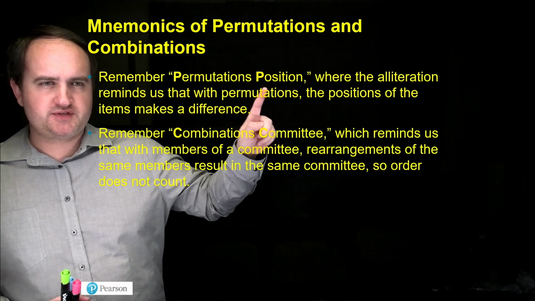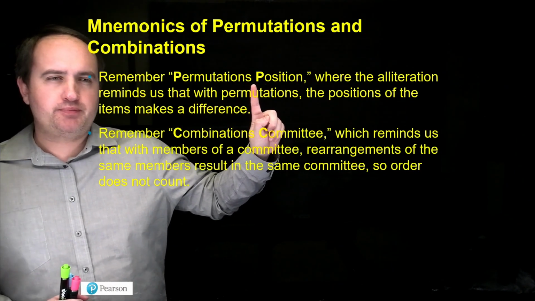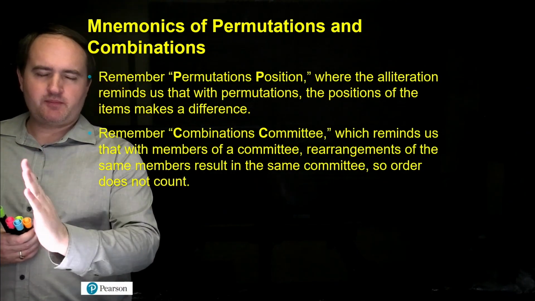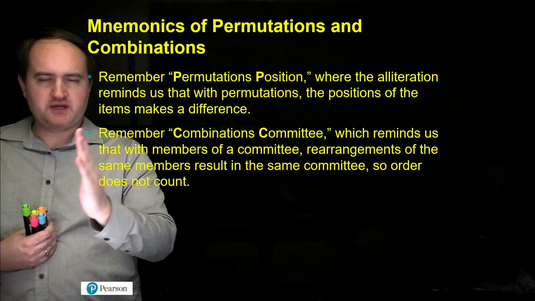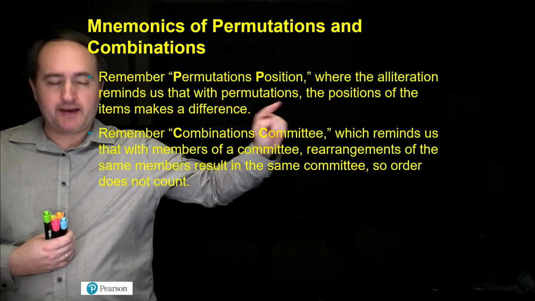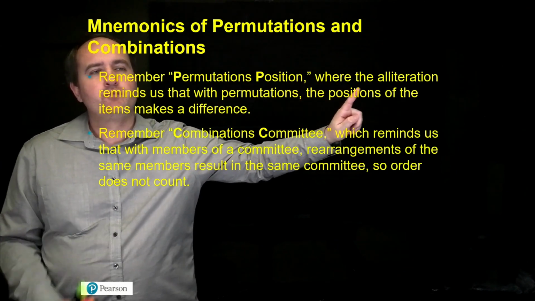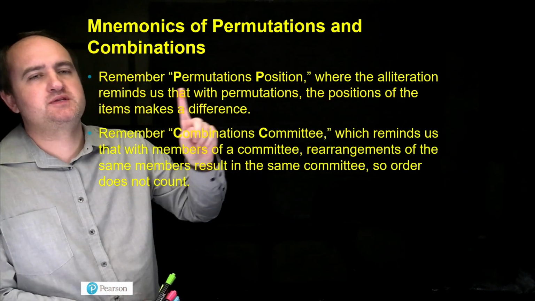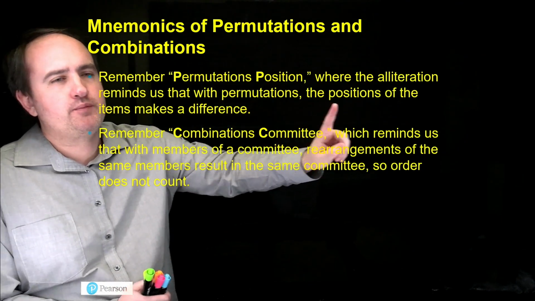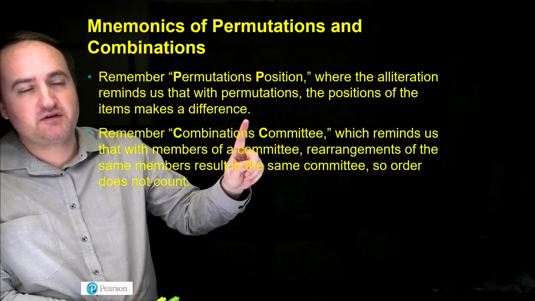They both start with the same letter P. And position indicates, well, if you're talking about position mattering, like first place, second place, third place, permutations is saying that order matters, so the position matters. Okay, so the alliteration, which means that they start with the same letter P, reminds us that with permutations, the positions of the items make a difference.